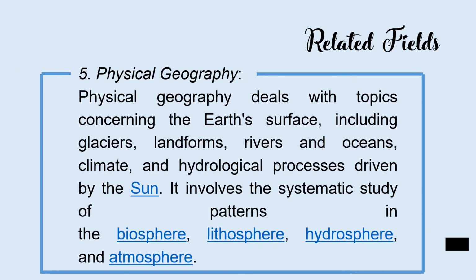Number 5, physical geography. Physical geography deals with topics concerning the Earth's surface, including glaciers, landforms, rivers, and oceans, climate, and hydrological processes driven by the sun. It involves the systematic study of patterns in the biosphere, lithosphere, hydrosphere, and atmosphere.